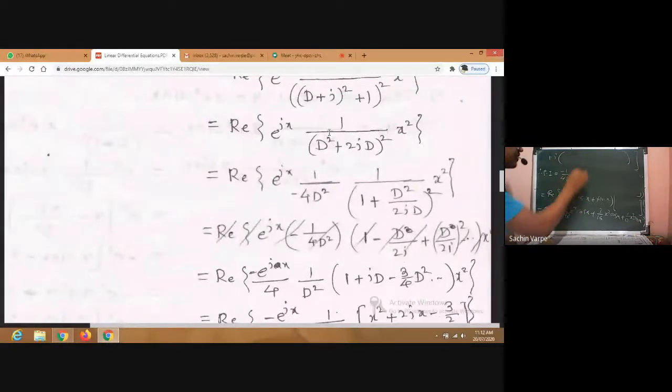X raised to 4 cos x plus 3 by 16 x square cos x plus 1 by 12 x cube sin x, and that is my final particular integral.